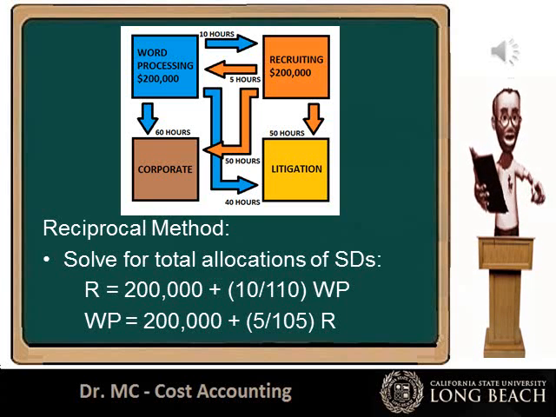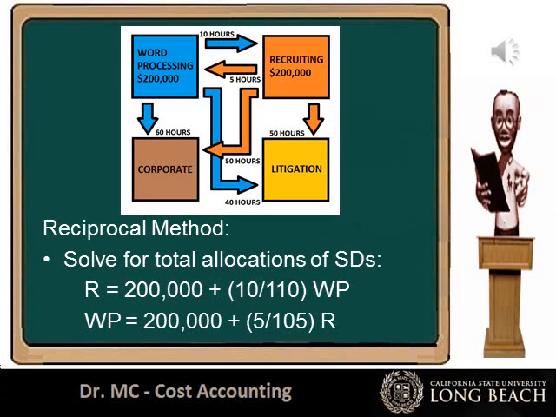When you only have 2 support departments, you first must write the formula that shows the total cost that each support department will have to allocate. That formula consists of the original costs that the support department starts with plus the share of the other support department's costs that it will receive. In our example, use WP to represent the costs that word processing will allocate, and use R to represent the costs that recruiting will allocate.